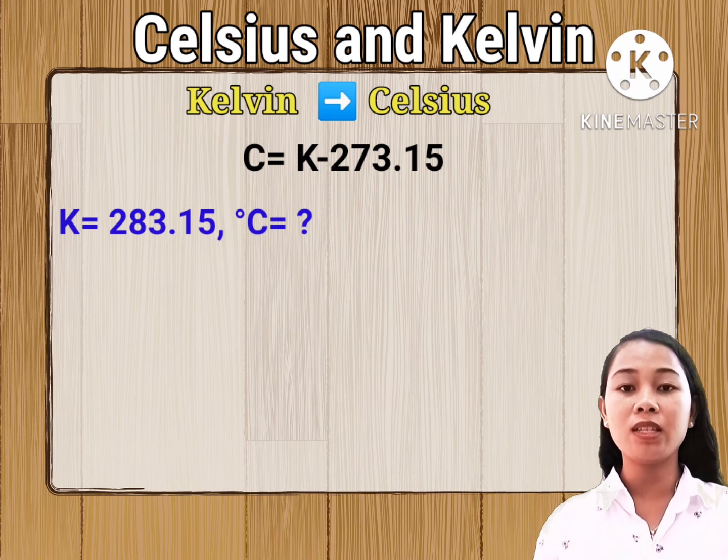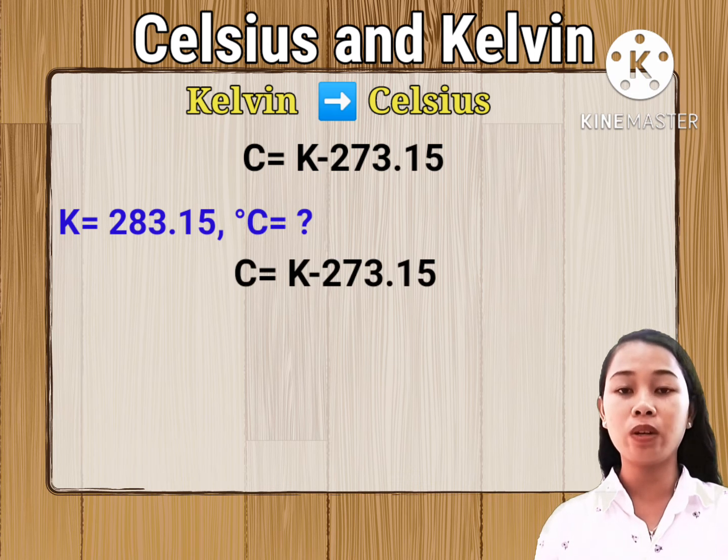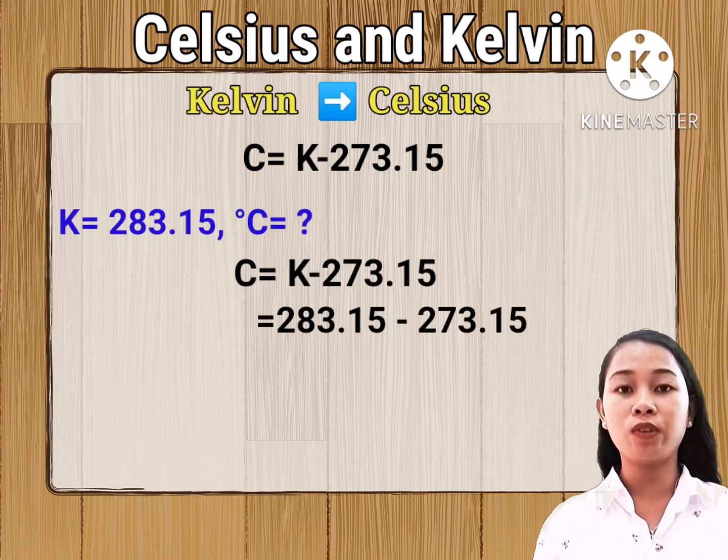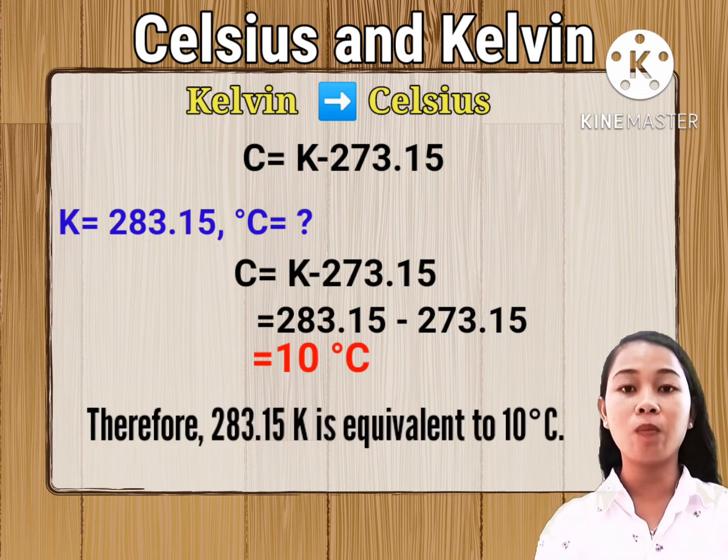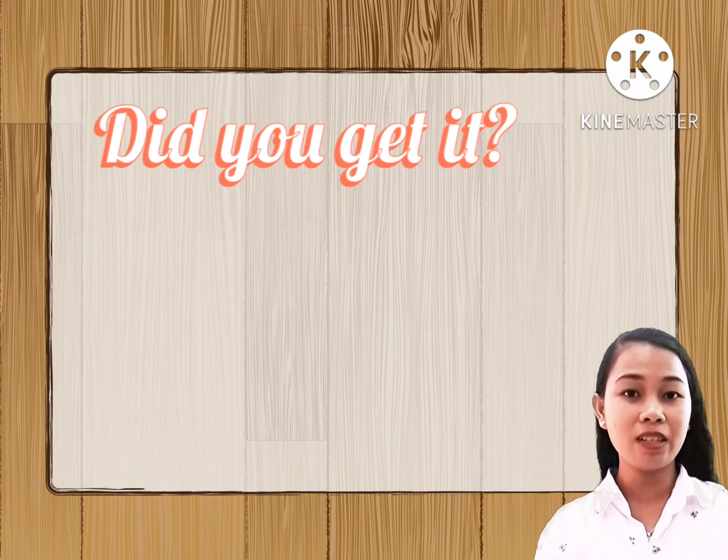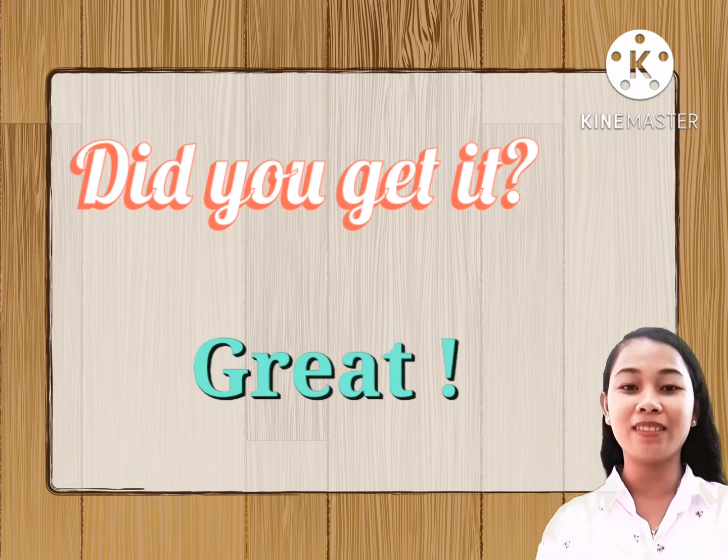Copy the formula C = K - 273.15 and substitute Kelvin, 283.15 K minus 273.15. We have the difference of 10 degrees Celsius. Therefore, 283.15 K is equivalent to 10 degrees Celsius. Did you get it? Then it's great!